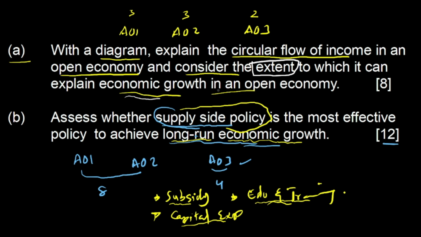Now you will say, on the other hand, supply side policy is not the most effective policy to achieve long run economic growth. You will have to talk against these three policies that you have analyzed already.